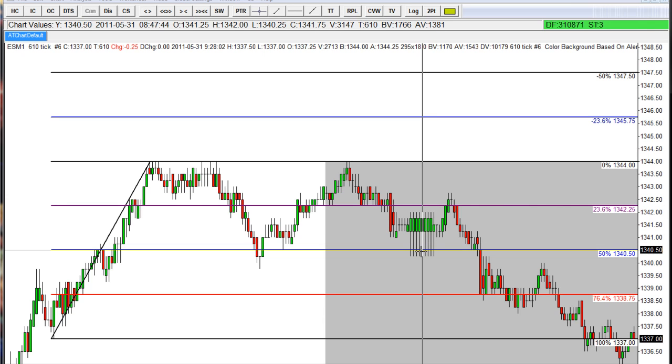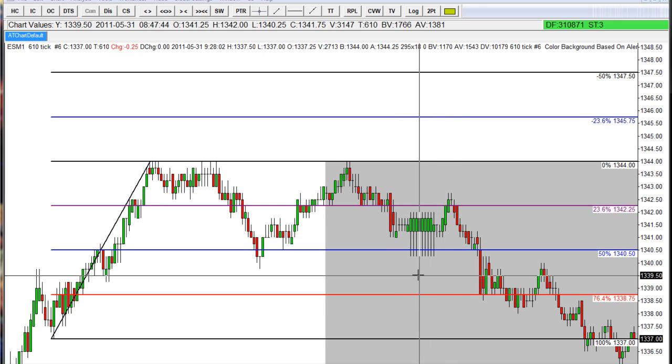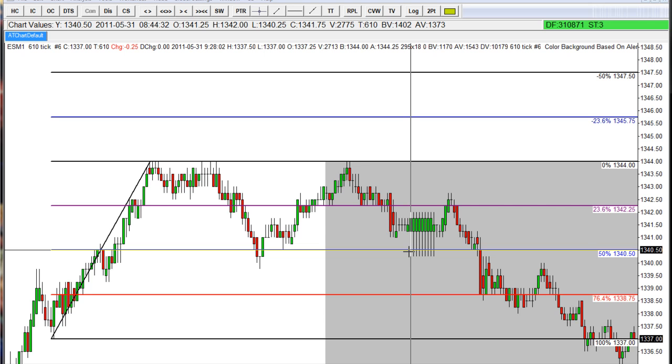Otherwise, you can just set your entries right at the 50% level, and if you do so, then you will probably have a 1 to 1 risk to reward ratio, unless, like I said, since the levels are rounded to the nearest tick, sometimes your stop is going to be 1 tick larger than your profit, or sometimes your profit is going to be 1 tick larger than your stop. That's if you decide to enter at the 50% level instead of front running by 1 tick.